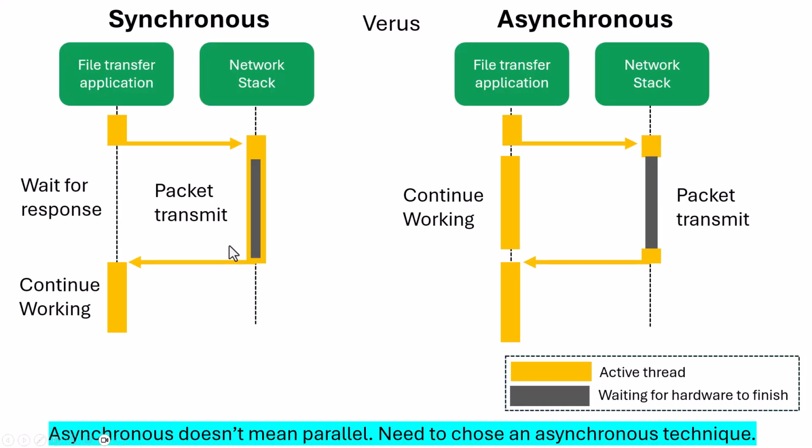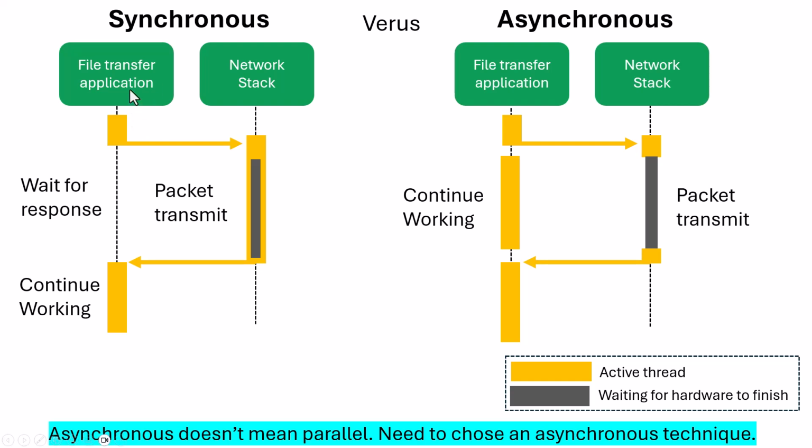That can be illustrated by looking at the different types of coding between what's known as synchronous and asynchronous coding. An example of synchronous coding for a single-threaded system is, let's say you want to transfer a file over a network.